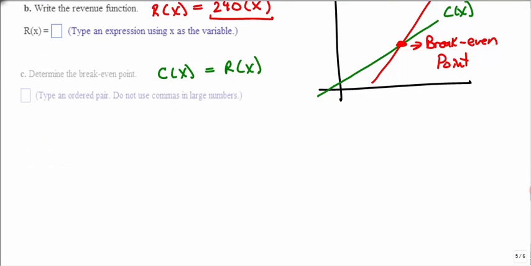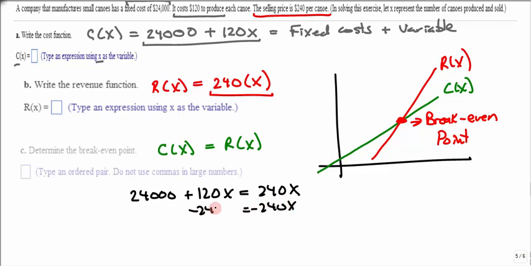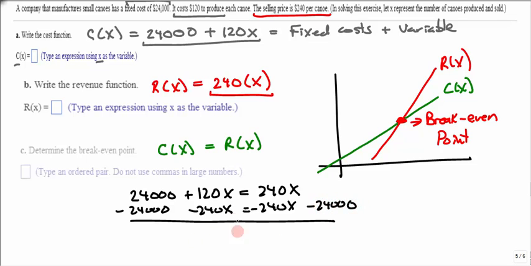Well, to determine the break-even point, you have your cost function, 24,000 plus 120x, equaling your revenue function, 240x. So let's go ahead and solve. I like my variables on the left. You could also solve this by moving the 120 across. So I'm going to move my negative 24,000 over.